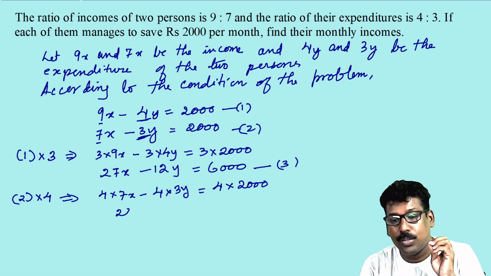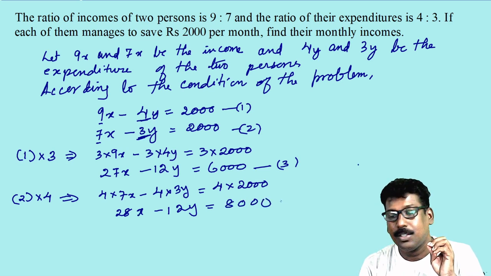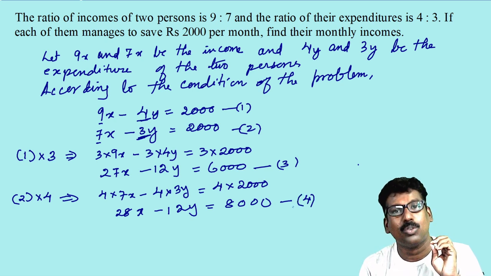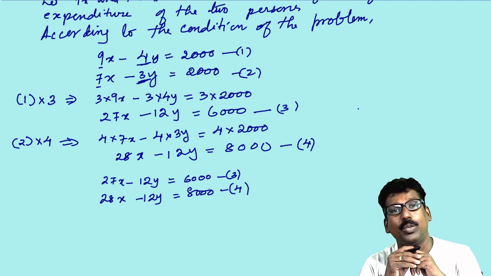That is 28x minus 12y is equal to 8000. This you can take as equation 4. Now take equation 3 and equation 4 together. 27x minus 12y is equal to 6000. 28x minus 12y is equal to 8000.